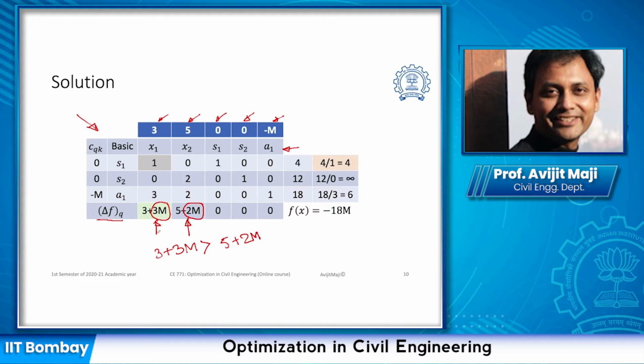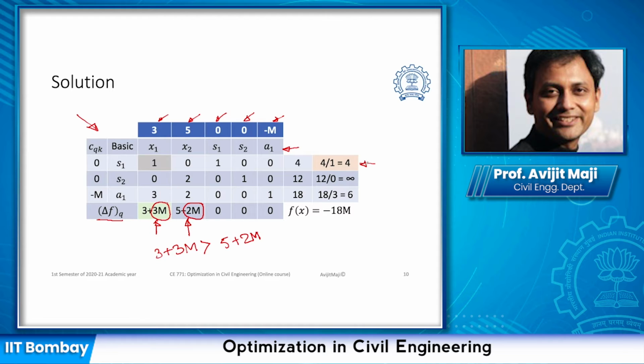Hence, we are choosing x1 as the entering variable, and then we find out the current basic variable which is going to leave. For that reason, we are finding the ratio, and from the ratio it is clear that S1 has the least ratio, so S1 is going to reach the 0 value sooner, and hence we are going to replace S1 with x1.